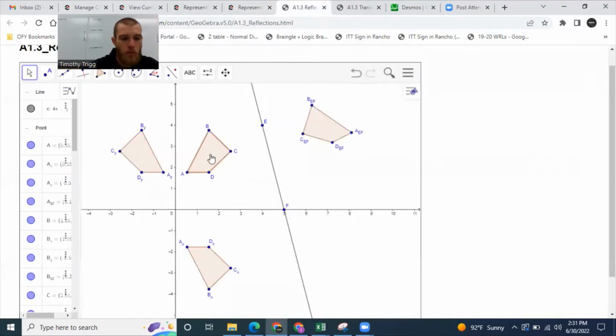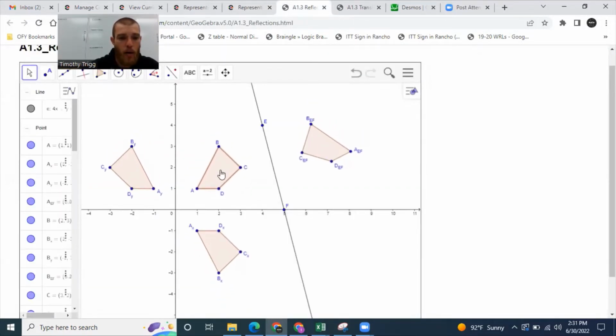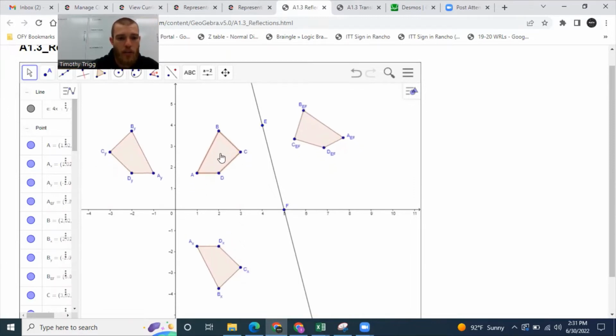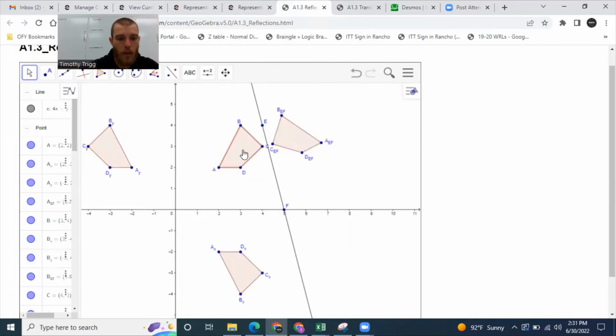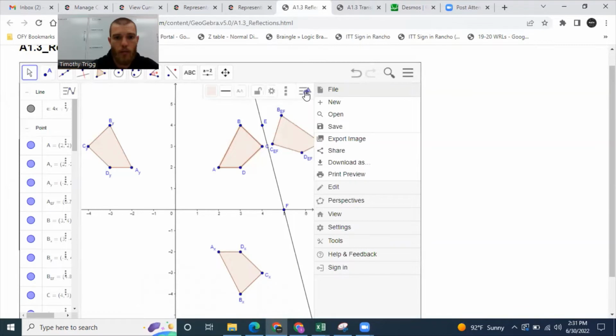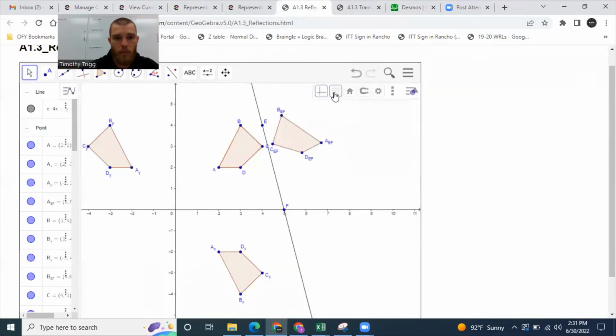So you can move this polygon to wherever you want, but I'm going to move it to, let's say, right here. Now, notice there are no grid lines, but we can make there be grid lines. There we go. Okay, so now there are grid lines, which is good.